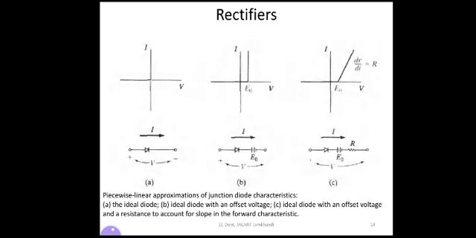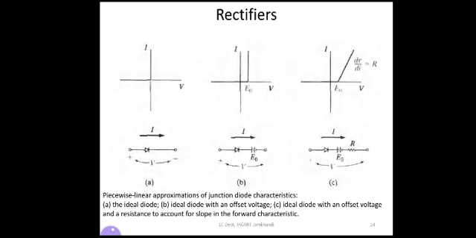Observe figure A, the IV characteristics. As you can see from the figure, it is an ideal diode characteristics. So what is the characteristic of an ideal diode? An ideal diode acts as a short circuit whenever it is forward biased, and whenever it is reverse biased it is an open circuit.